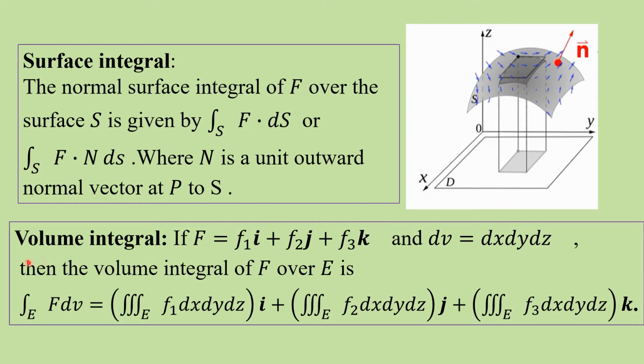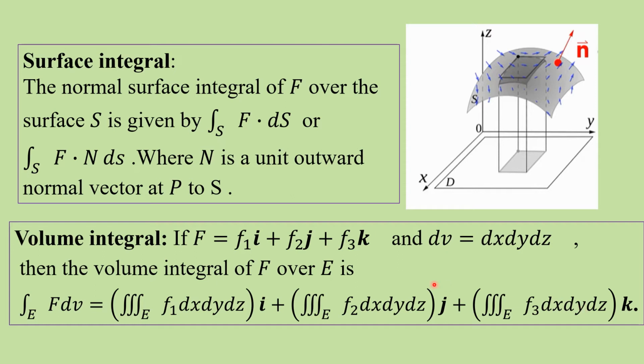Similarly, if I want to find a volume integral, the definition is here: if f is the given vector field f1 i plus f2 j plus f3 k, and dV is dx dy dz, then the volume integral of f over E is the triple integral of f1 dx dy dz i plus the triple integral of f2 dx dy dz j plus the triple integral of f3 dx dy dz k.